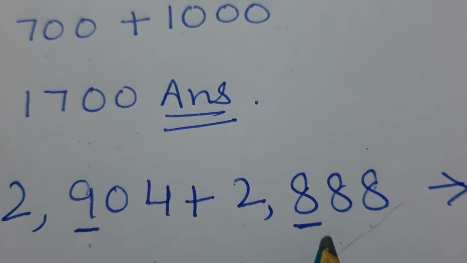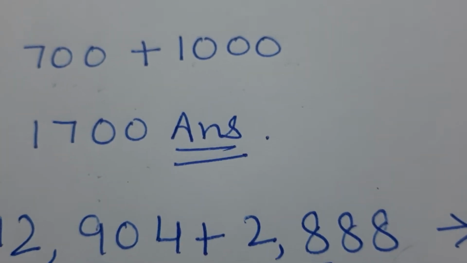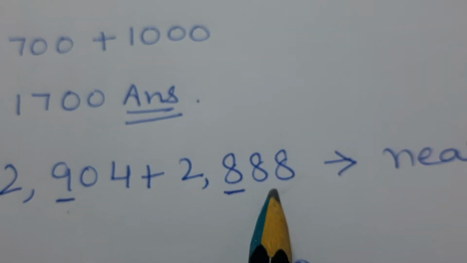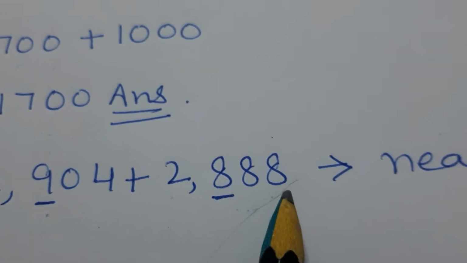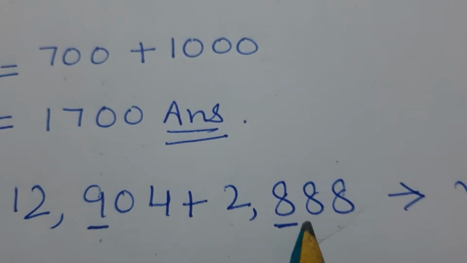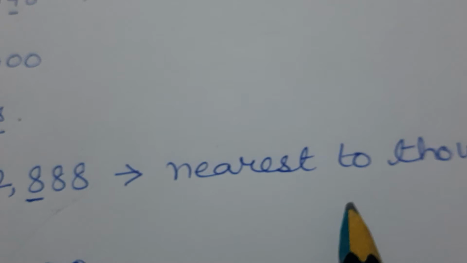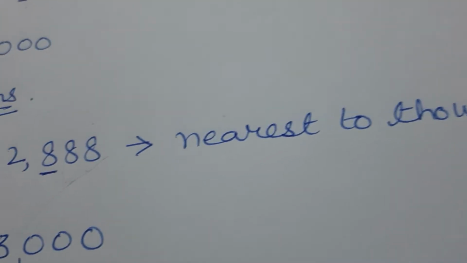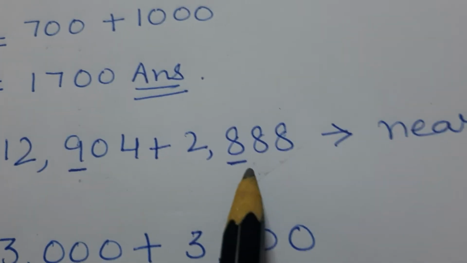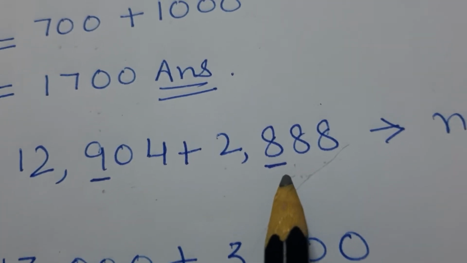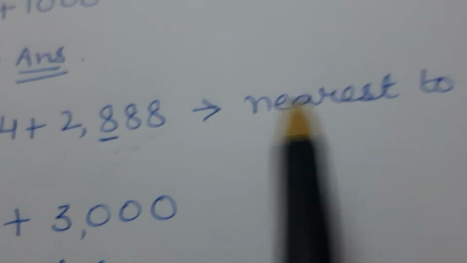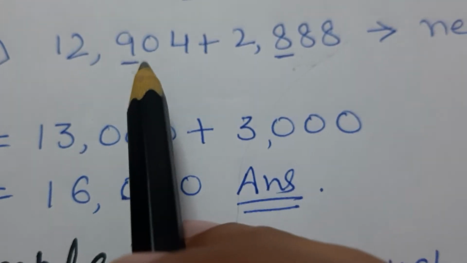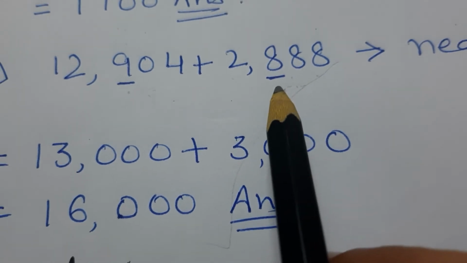So what we do, we always round off the numbers nearest to the smaller place. Now the smaller number is in thousands, so we will round off both these numbers nearest to thousands. From where do we decide it? From the smaller number.